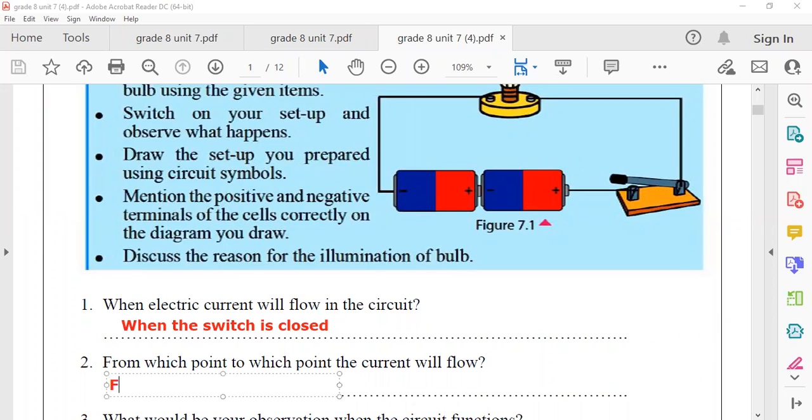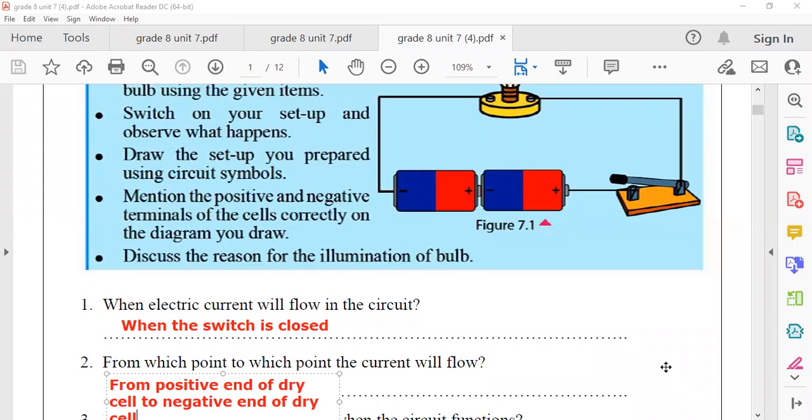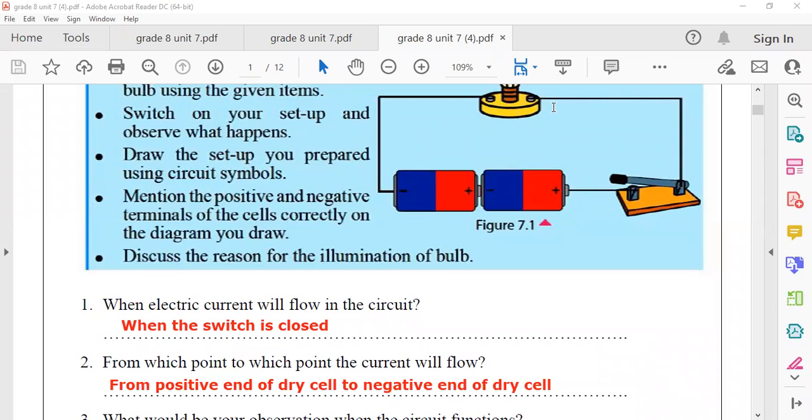So you have to say from the positive end of the dry cell to the negative end of the dry cell.